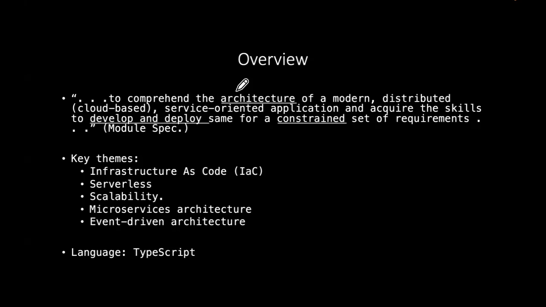That is, of course, if we are availing of cloud-based services. So for this module, when I talk about distributed systems, I'm talking about systems or applications that are deployed to the cloud. And they are still distributed, though.